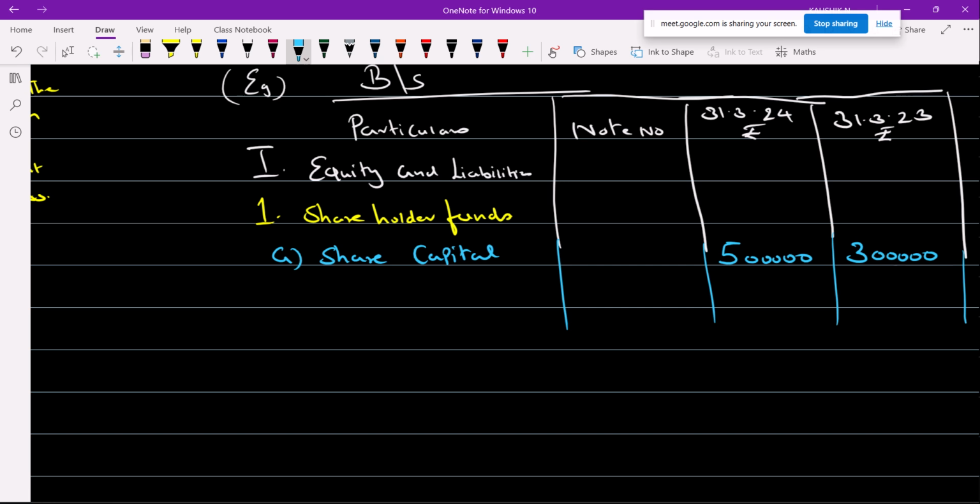Now here you have the share capital alone, and against the share capital in the note number column, suppose it is marked as number 1.